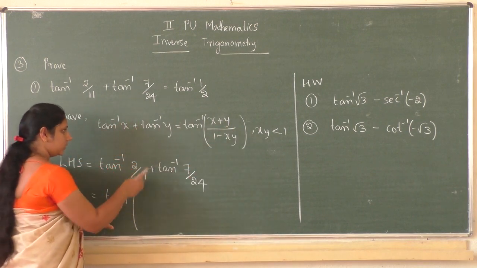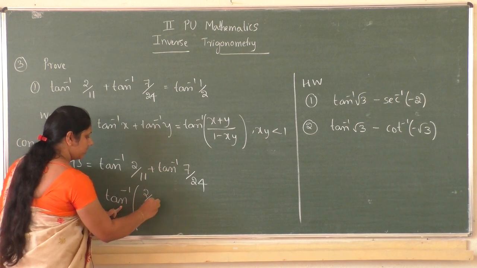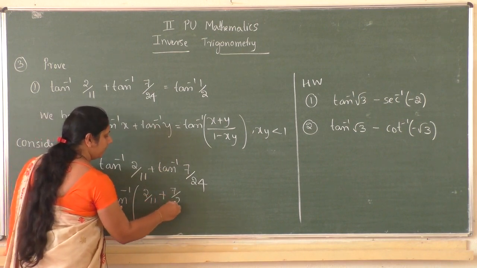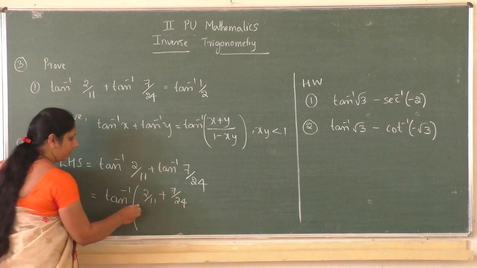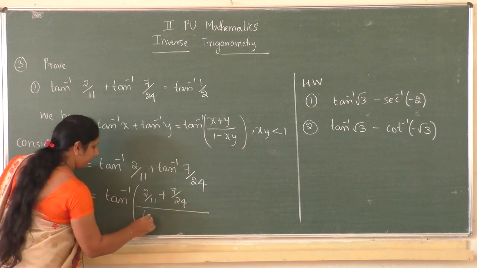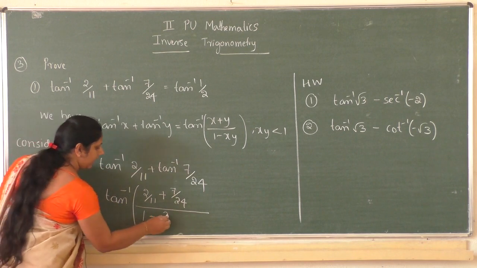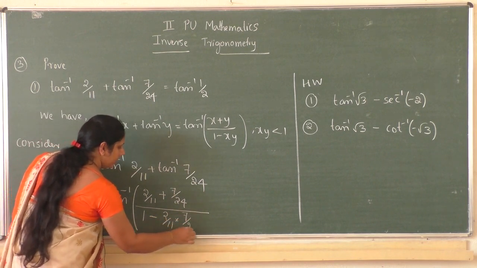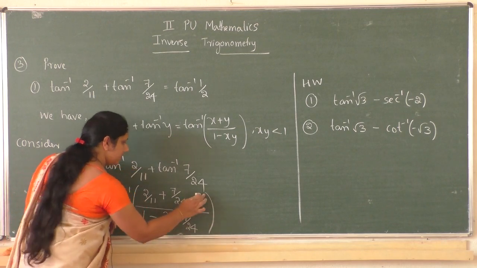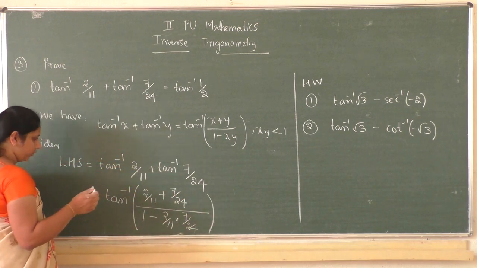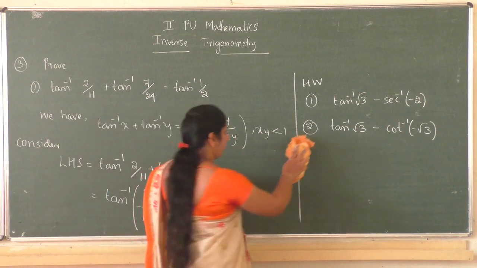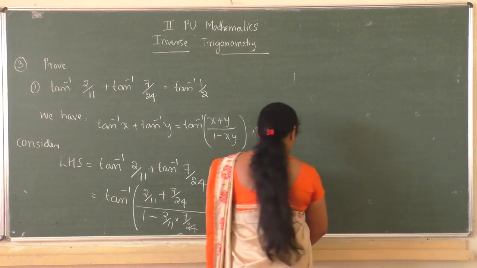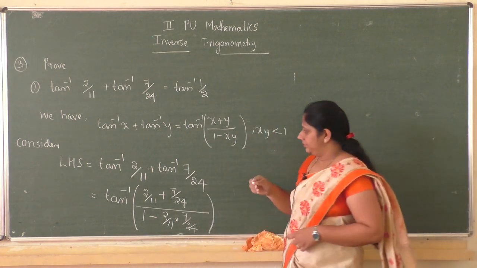So tan inverse of x is 2 by 11 plus, in the place of y we have 7 by 24, divided by 1 minus x, again 2 by 11 into 7 by 24.